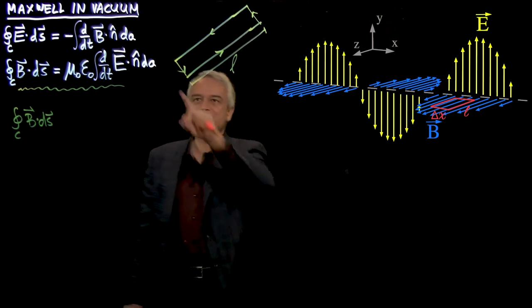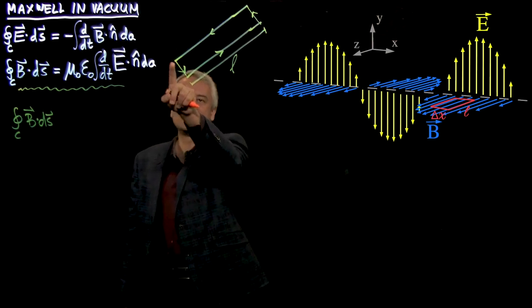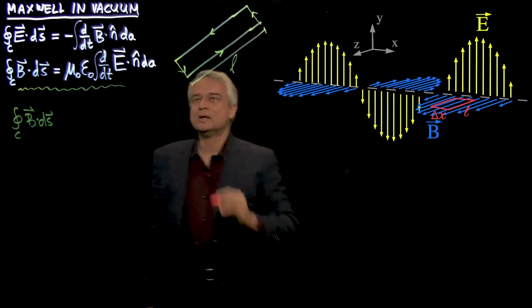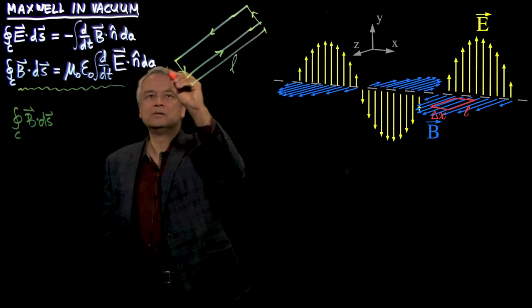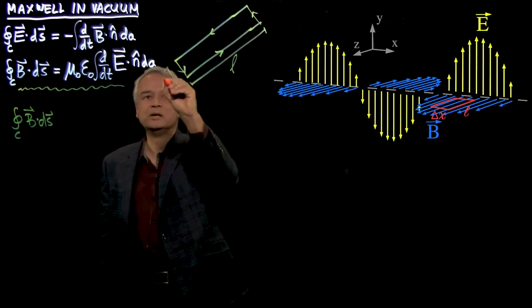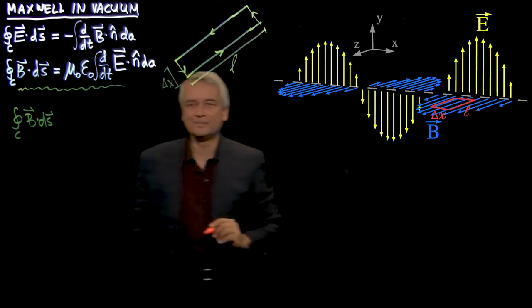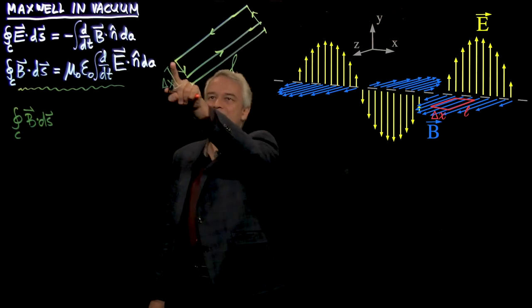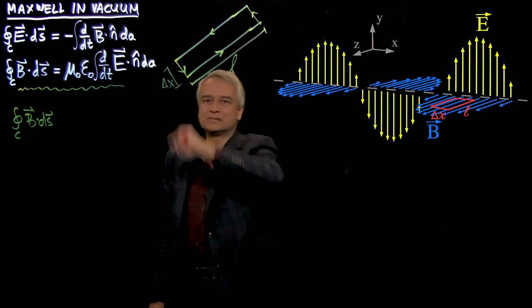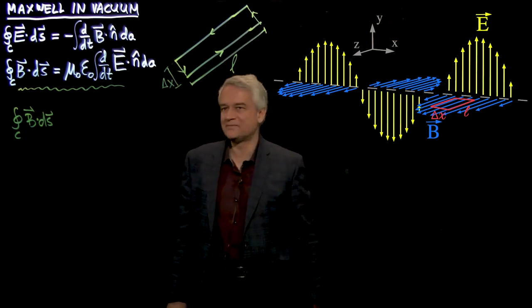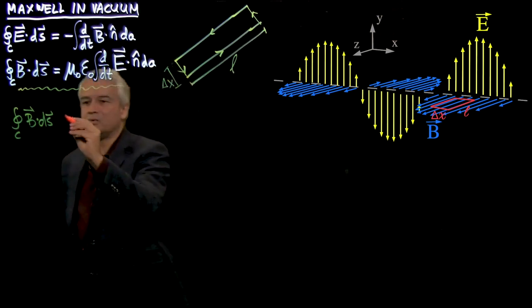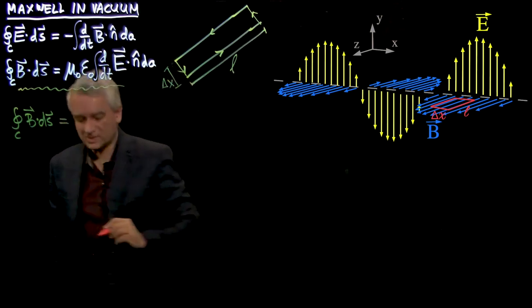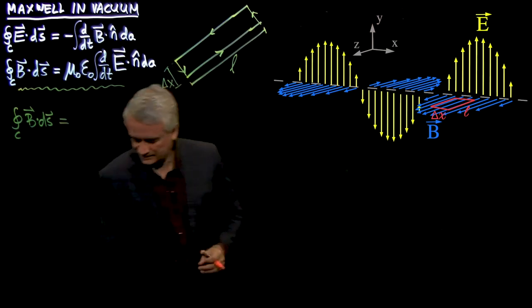It's not correct because the value of B is not exactly the same at this x as at that x. So let's call this separation here delta x, as in the diagram. And the B at x and the B at x plus delta x are in fact not the same in value. And that is why when we evaluate this, we don't just get 0. What do we get?